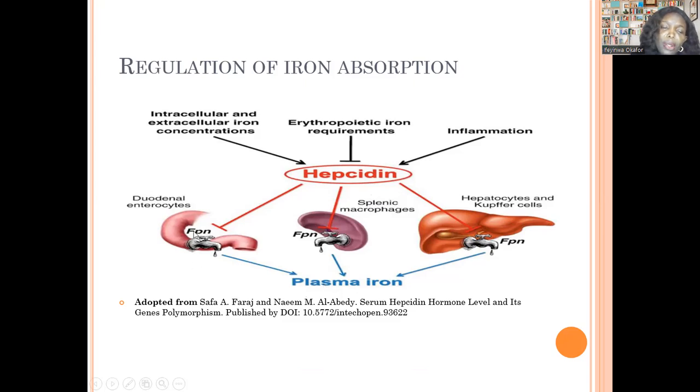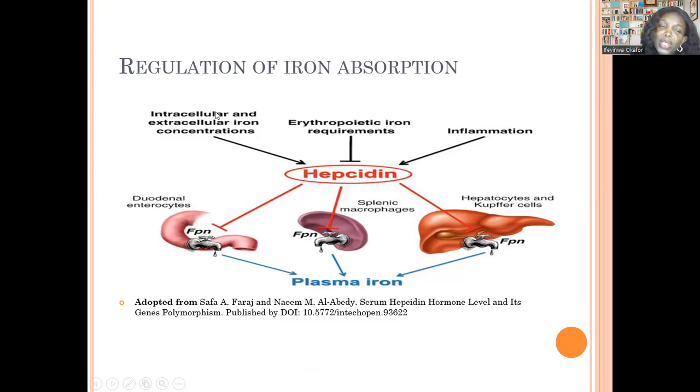Remember, during iron absorption through the proximal duodenum, iron moves from our diet in the form of non-heme iron and heme iron, reduced to iron 2, and then through the ferroportin into the plasma, where it is incorporated into transferrin. They must pass through the channel called ferroportin.